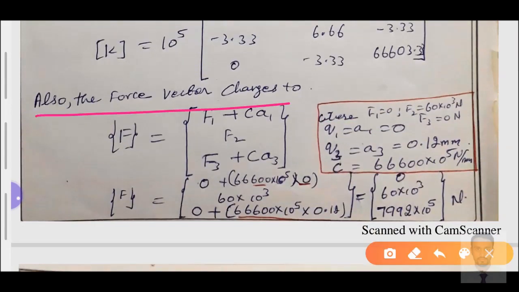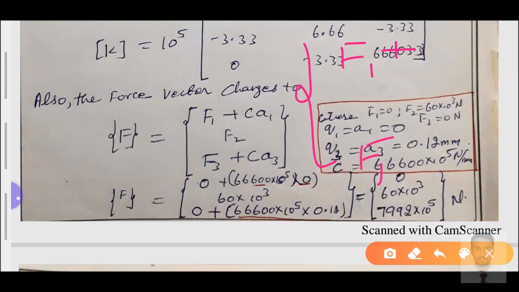After that we need to get the force vector changed. In the penalty method, as I stated in the last problem and in the formula list also, the first force is added with the penalty value, and the last nth force is added with the penalty value. Intermediate forces remain the same.